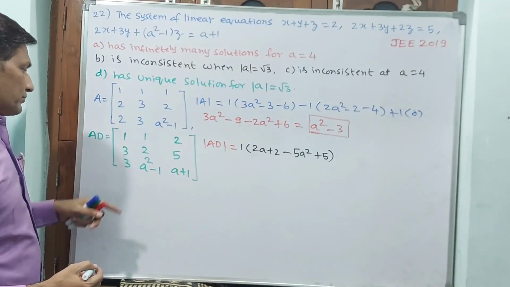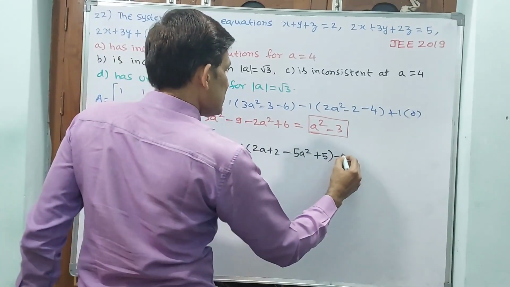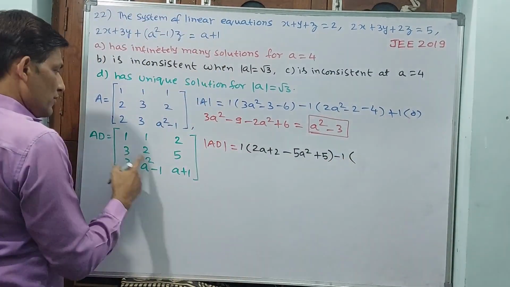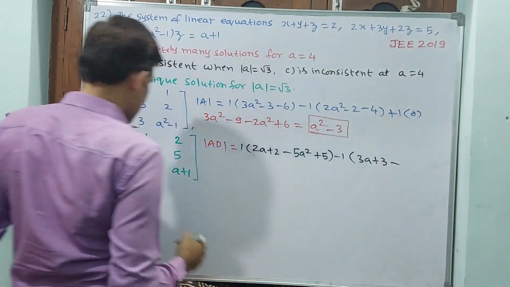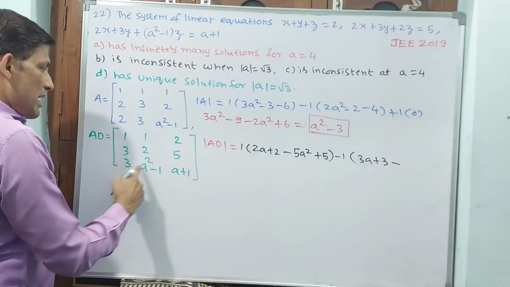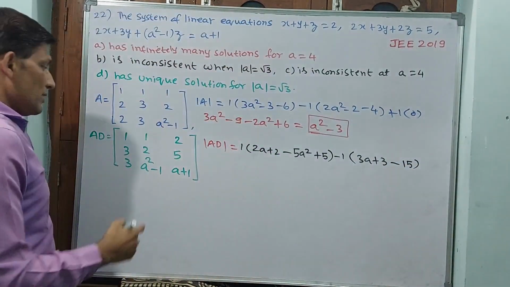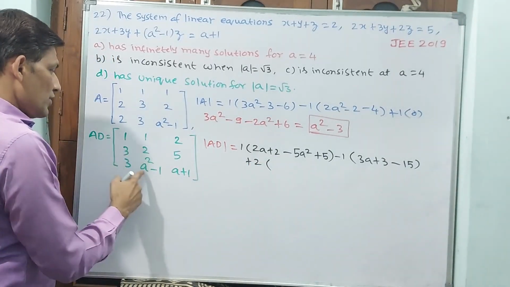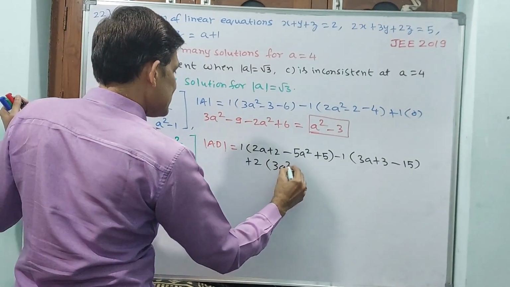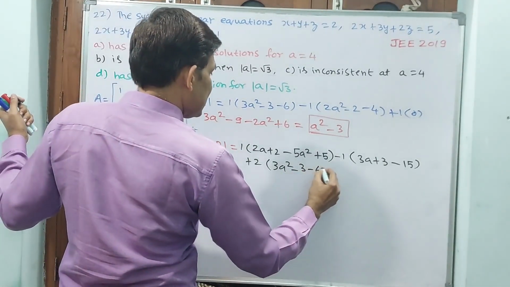Okay. Now minus 1 into 3a plus 3 minus 3a plus 3 minus 15. Okay. And plus 2 into 3a square minus 3 minus 6. Okay.